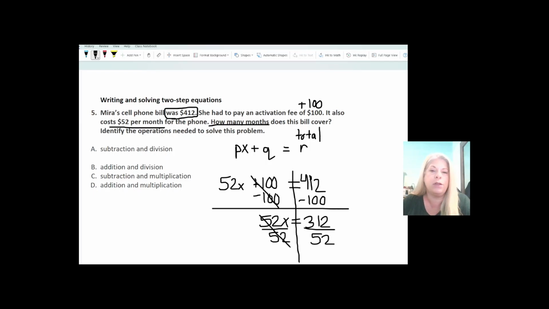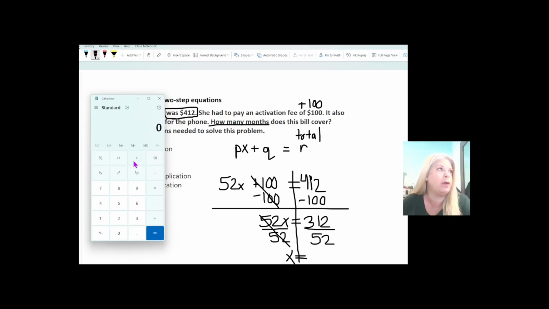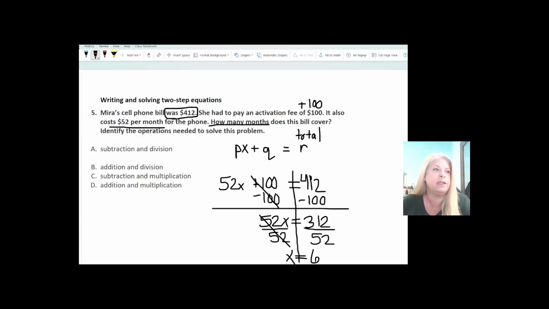These guys cancel each other out. And I'm left with x equals, again, grab that calculator, right? So that's 312 divided by 52, and that will give us 6. So what this means is that it will cost her $412 for 6 months of her cell phone service, okay?